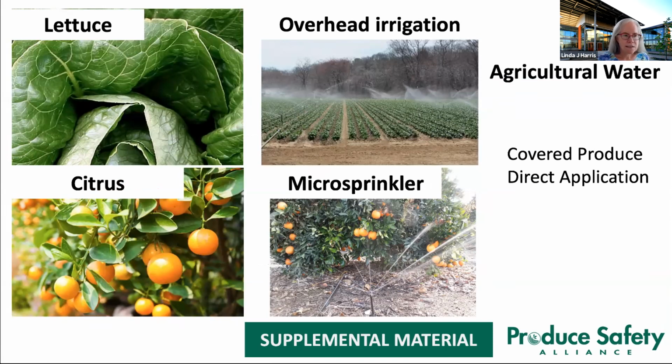In both of these cases, lettuce and citrus are covered produce, so they're covered under the produce safety rule. In both of these examples, the water is coming into direct contact with the produce item, so intended to or likely to contact covered produce. And so both of these cases would qualify as agricultural water.